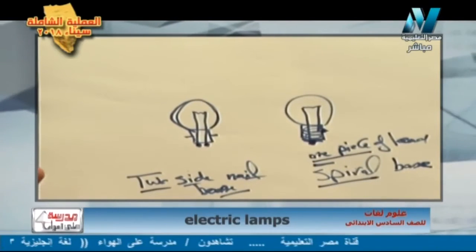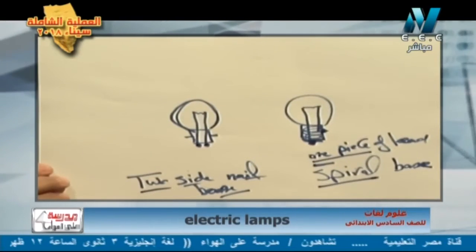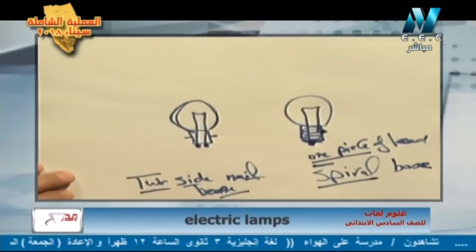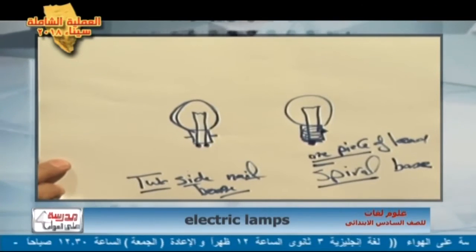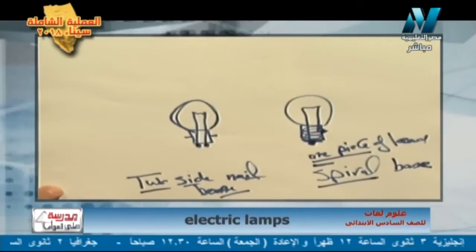So now I have two pieces, the spiral piece and the two side nail piece. The difference between them is the number of pieces of lead. The spiral piece has only one piece of lead, and the two side nail piece has two pieces of lead.